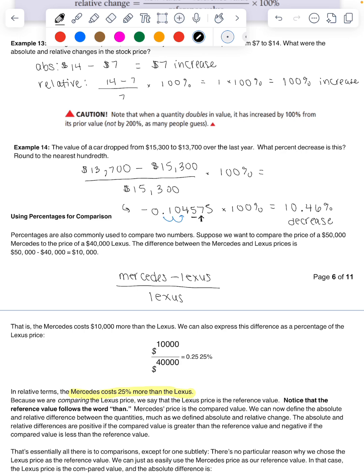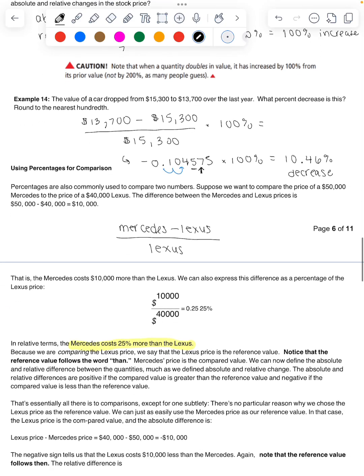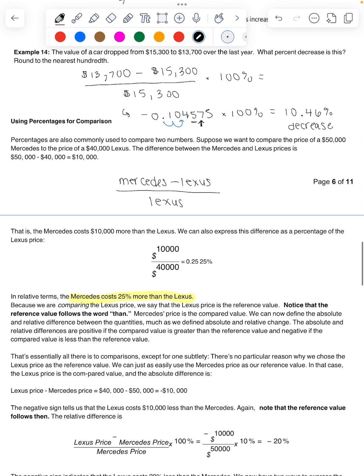But when you're looking at, say, two houses that are maybe $50,000 different, well, it depends on what you are spending on the house to decide, is it worth the difference? So since we're comparing the Lexus price, we say that the Lexus price is the reference value. Notice that the reference value follows the word than.